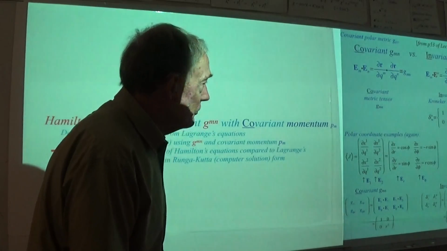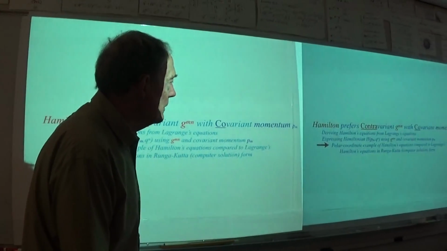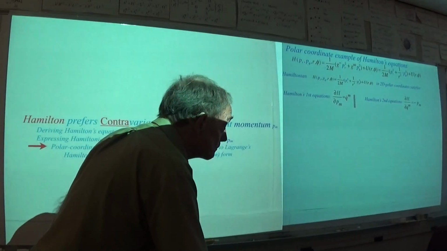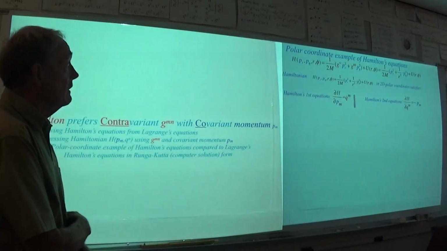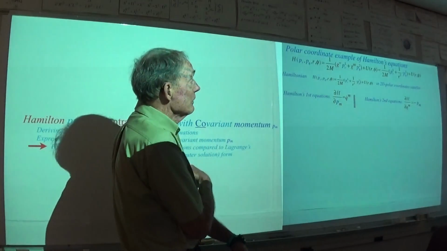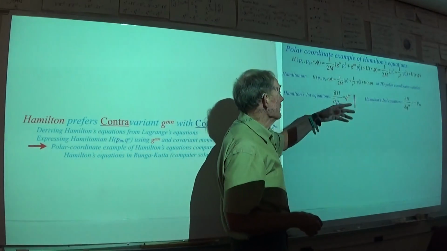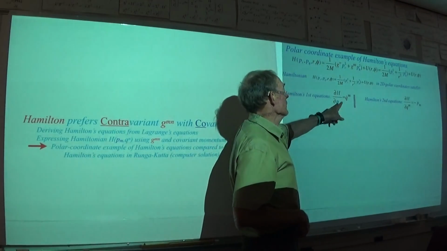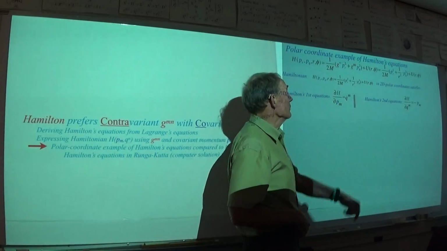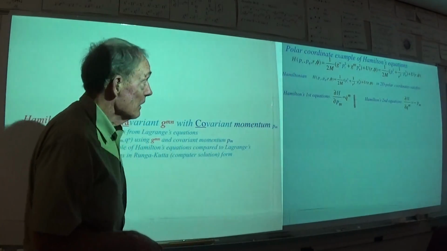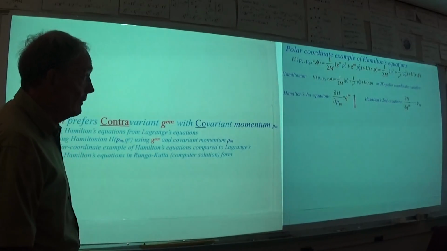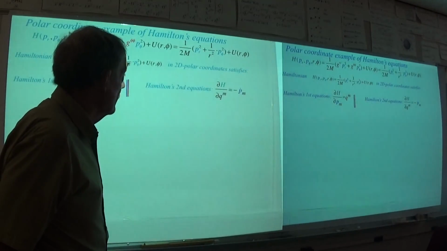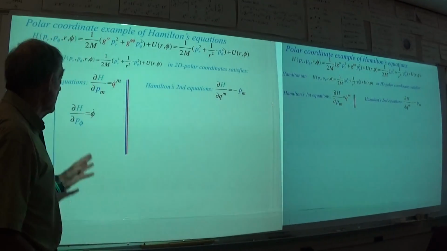All right, so let's look at the beginnings of that. The idea being that you need to take his first and second equations, and each one of these has to have something to do with momentum that has the radial component, and then the momentum that has the phi component, and that's going to be related to velocity of those two choices that we have for the two-dimensional single mass in a polar coordinate situation. Well, first part's pretty easy.